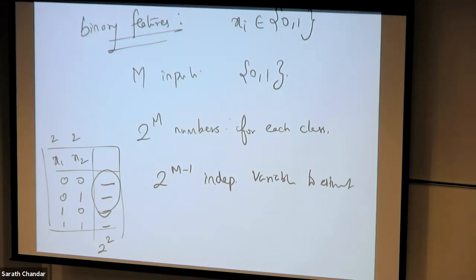Now imagine you have 100 binary features. How many variables are there now? It's 2 power 100. So you have to estimate 2 power 100 parameters from a small data set, right? That is never going to work out.